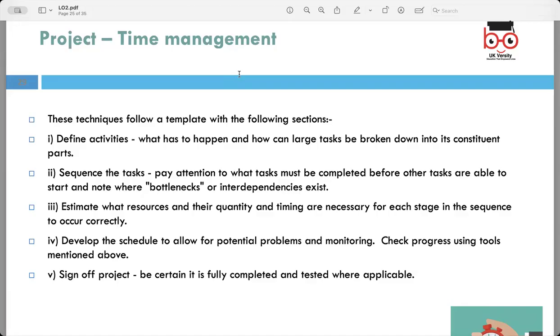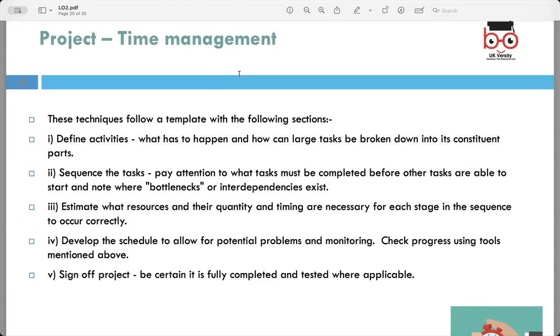This will help you avoid bottlenecks where everything gets stuck because one piece of work is delayed. Then make sure you estimate the amount of time and resources needed for each task. This means knowing how long something will take and what tools or help you need to complete it.